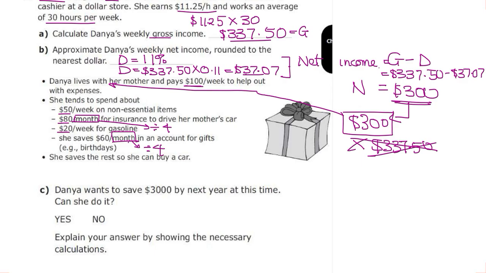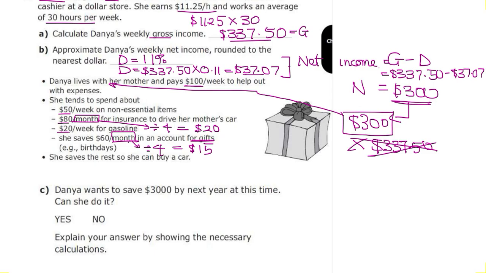So if we divide $80 for the insurance by 4, you're going to get $20 per week that this person actually pays for insurance for driving her mom's car. And then the other one here, which is for gifts, if we divide 60 by 4, we actually get $15 that is saved for that particular gift.